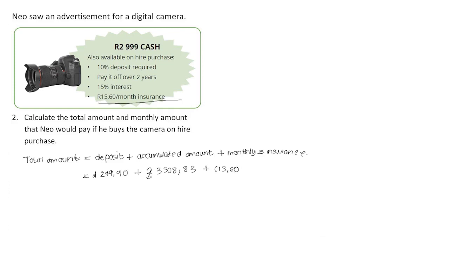But this needs to be multiplied by 24 months, because it's a 2-year period and there are 12 months in a year. Therefore, we multiply the monthly insurance by 24 months, and we get a final answer of 4,183 Rand and 13 cents. Therefore, the total amount that Neo would pay if he bought the camera is 4,183 Rand and 13 cents.